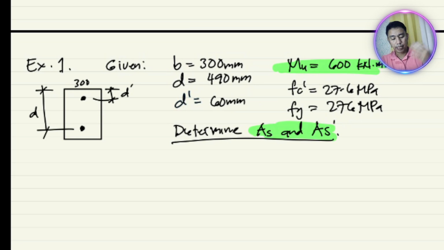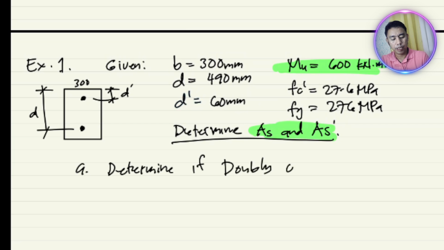Okay? So, let's design the reinforcement. Assuming meron na tayong B at saka D. Okay? So, ang first step talaga natin always is determine if doubly or singly. So how do we determine if doubly and singly?